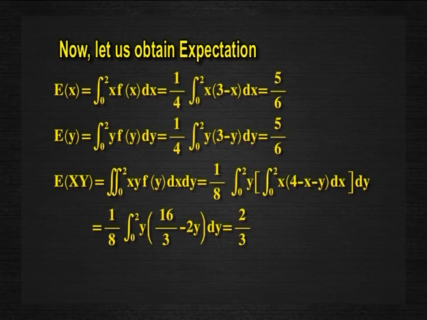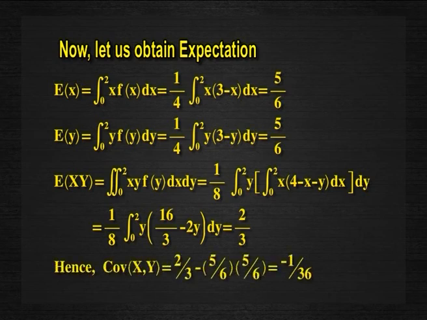On integrating the function with respect to y and then simplifying, we get 2 divided by 3. Hence, covariance of xy is equal to 2 divided by 3 minus 5 divided by 6 times 5 divided by 6. On simplifying the equation, we get minus 1 divided by 36.